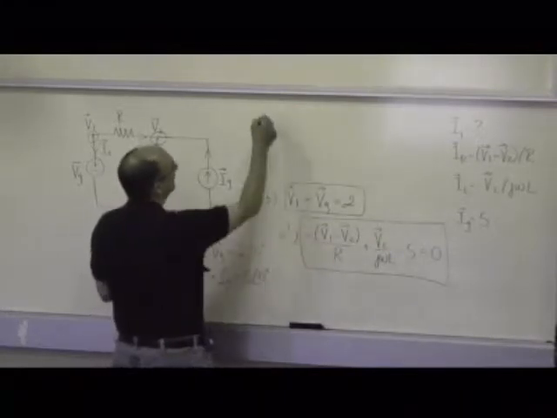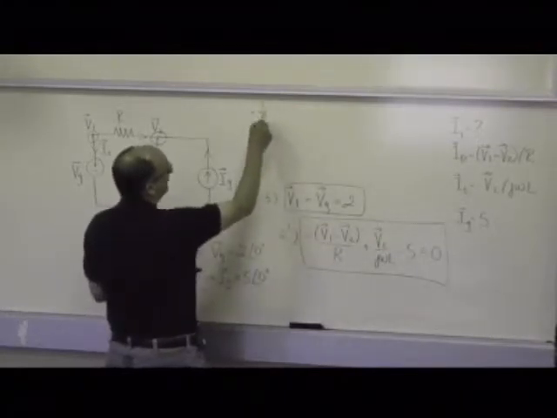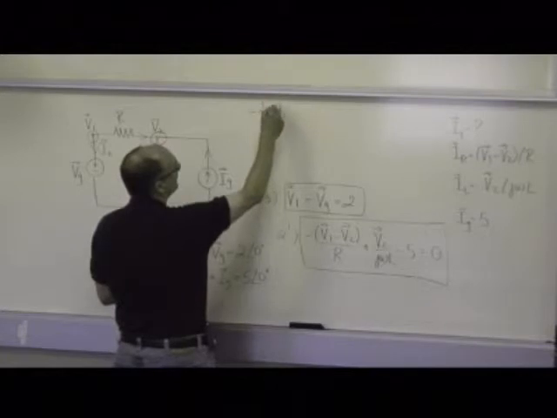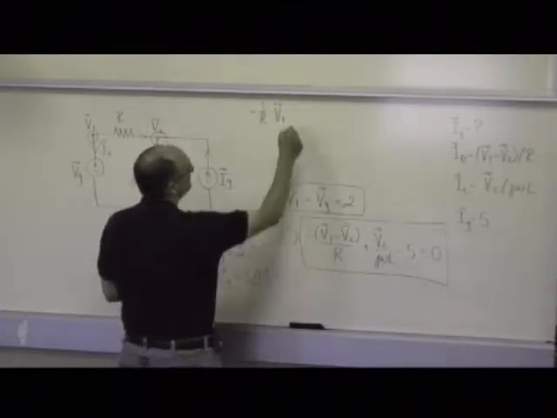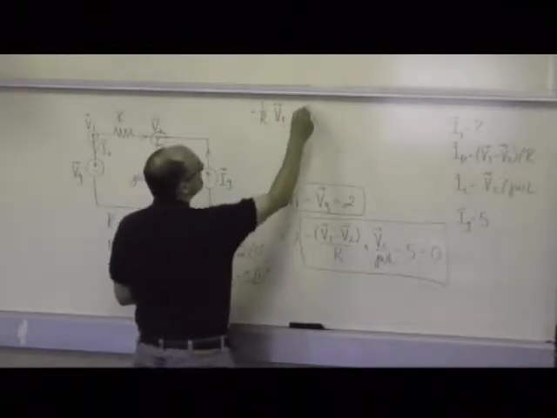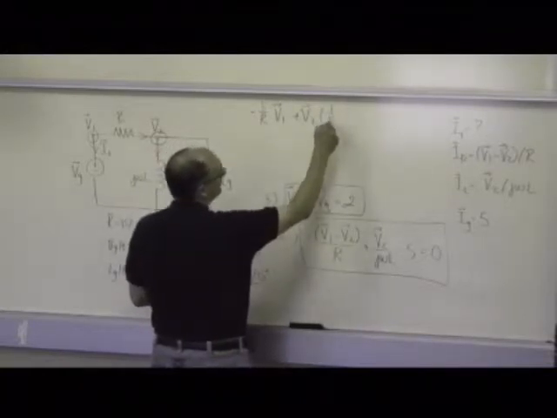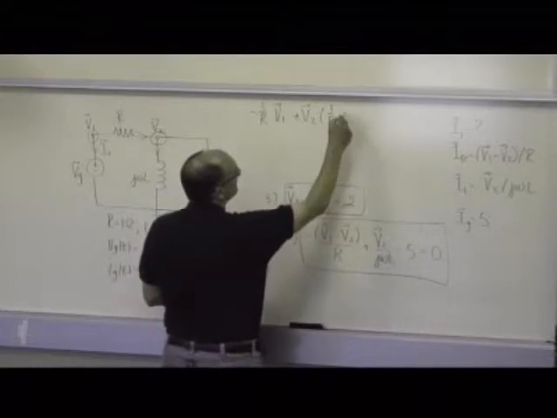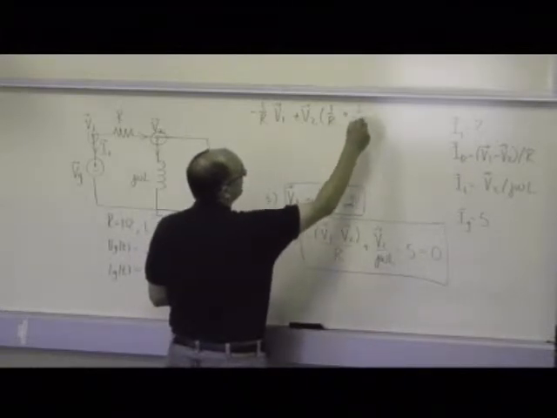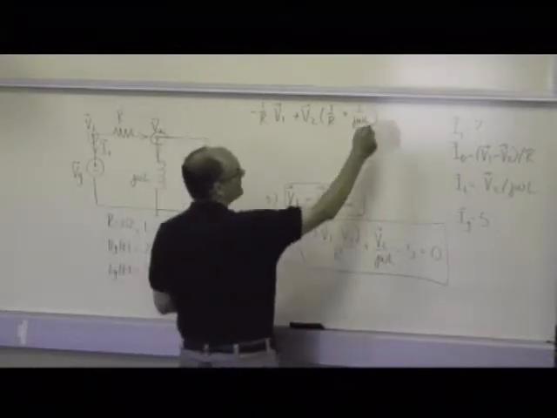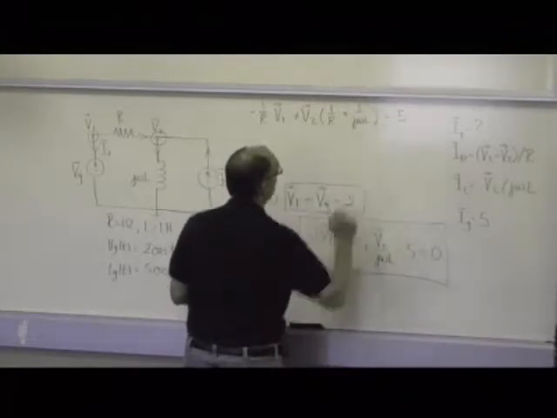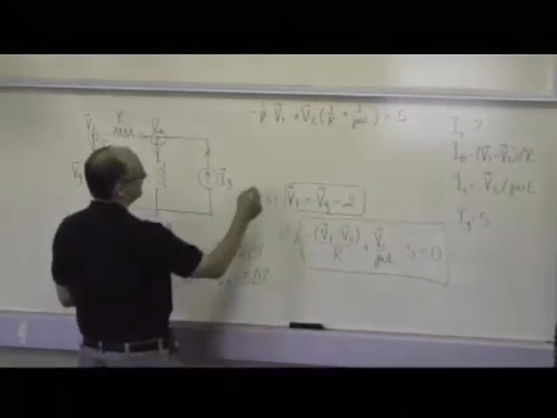So next to V1, I have minus 1 over R. Next to V2, I have 1 over R plus 1 over jL. And on the right-hand side, there's a 5.